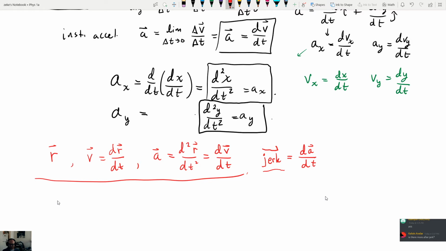So let's say we just have something that only has the x direction associated with it. All right. So let's say you have an object and it moves according to this equation right here. And I need to throw some units in here, but let's not worry about the units for right now.